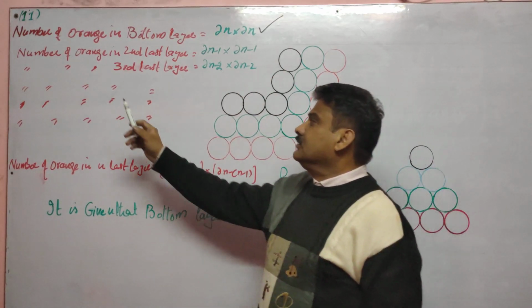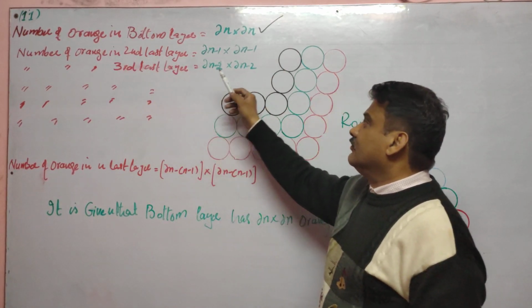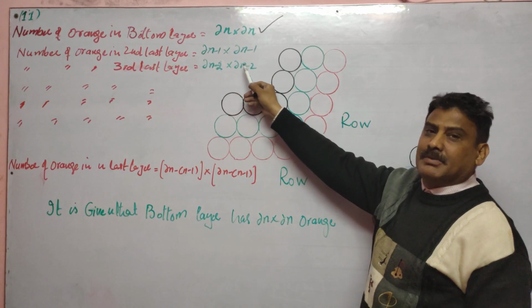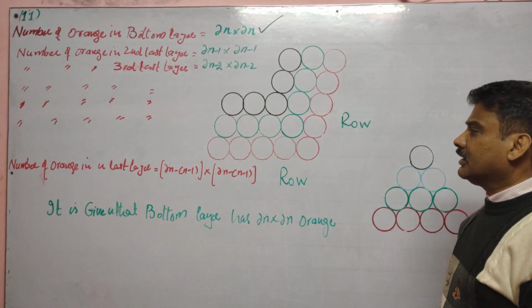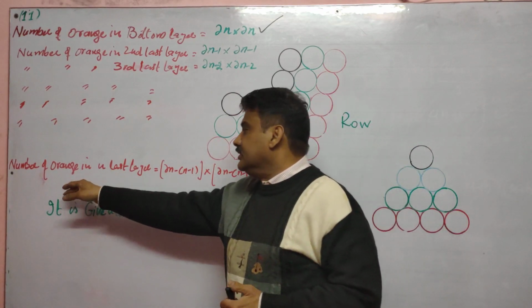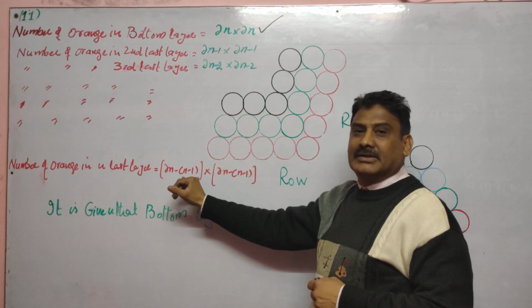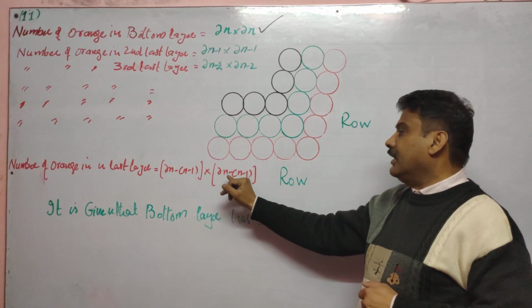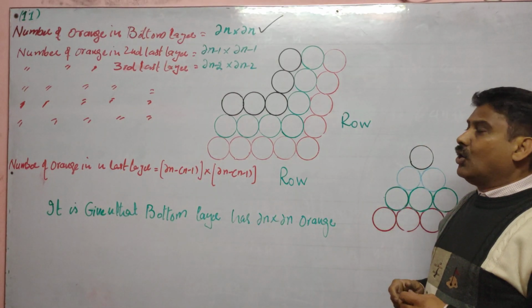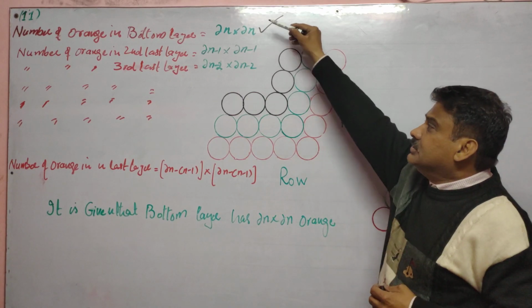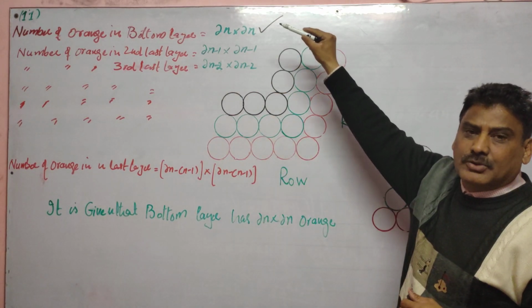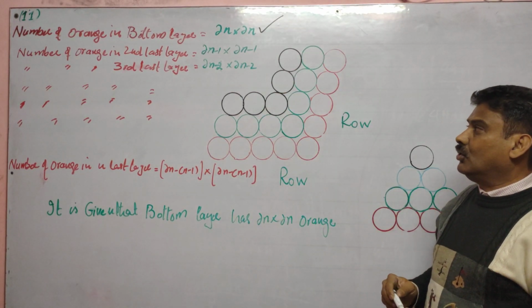Similarly, in the fourth last layer, it will be 2n minus 3 multiply 2n minus 3. Similarly, the number of oranges in the n-th last layer, by symmetry, will be 2n minus (n minus 1) multiply 2n minus (n minus 1). Now we want to add all these to find the total number of oranges. So we start.